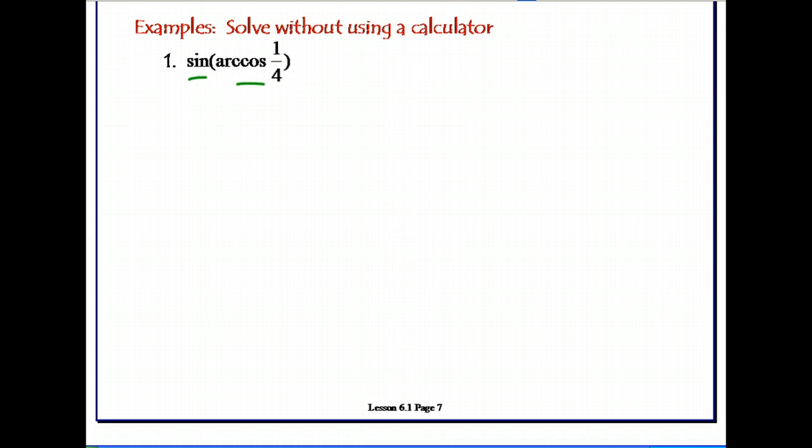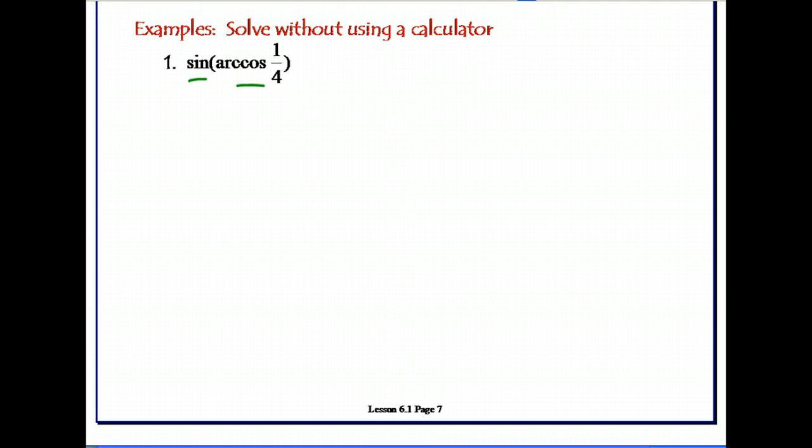Okay, when they give you a problem like this and they say solve this without your calculator, you begin with that arc cosine, and you know arc cosine is the same thing as the cosine inverse of 1/4. You might look at it on your chart and realize I don't have that on my chart. So what's the cosine inverse of 1/4? I don't know. I do know it's going to give me some angle for an answer. So I'm just going to call it theta for right now.